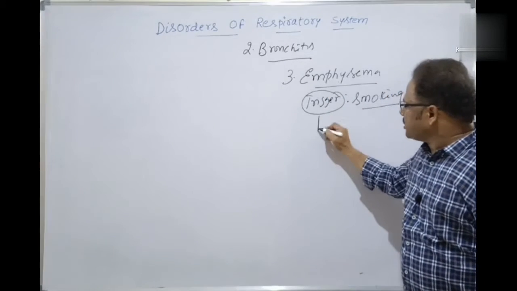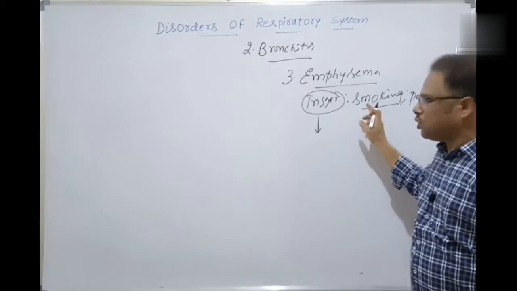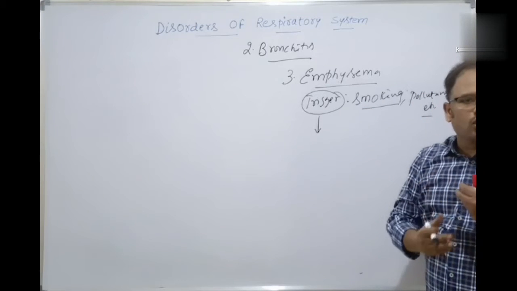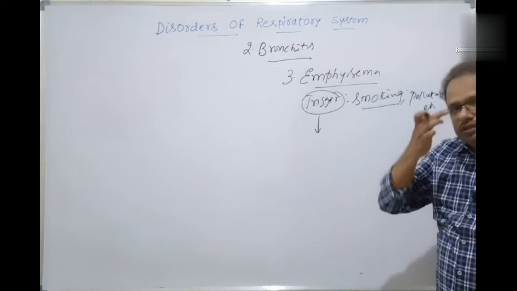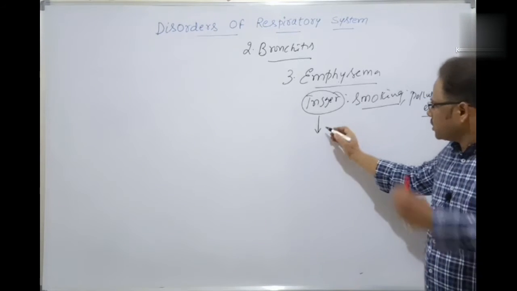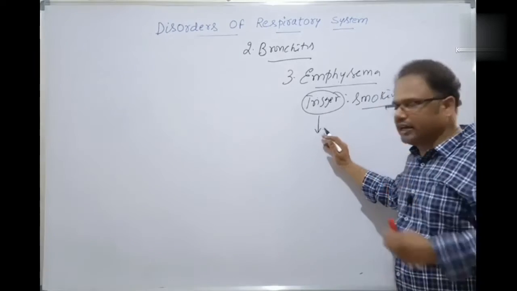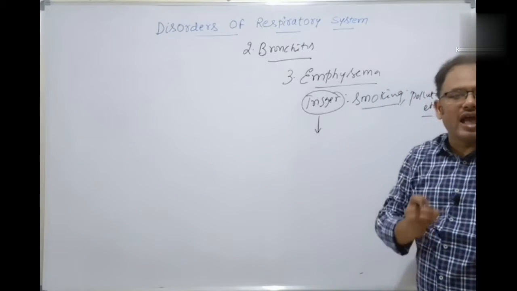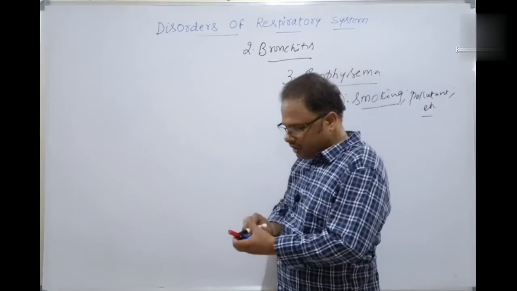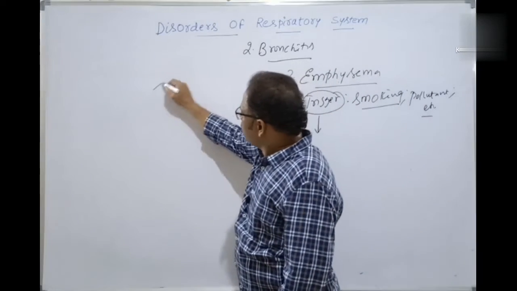What happens when the trigger mechanism is smoking, excessive smoking, and passive smoking is even more dangerous? If a person is severely, chronically exposed, the smoke may enter the respiratory passages and destroy the alveoli. You know that alveoli are present. For example, I'm drawing here. Okay, this is the respiratory bronchiole.